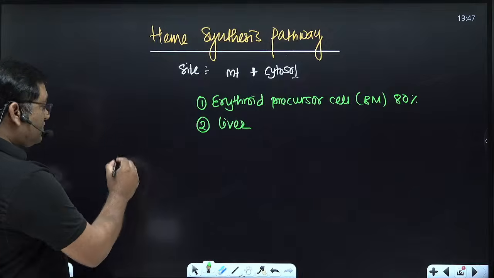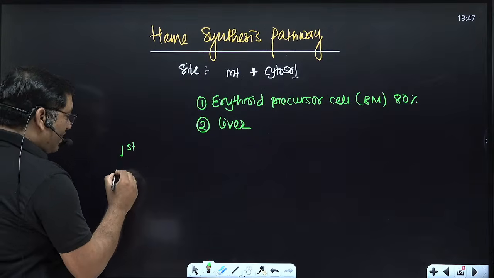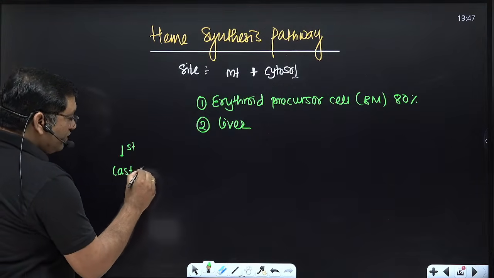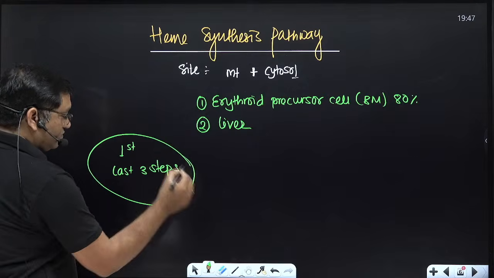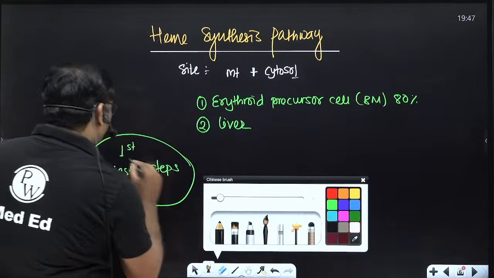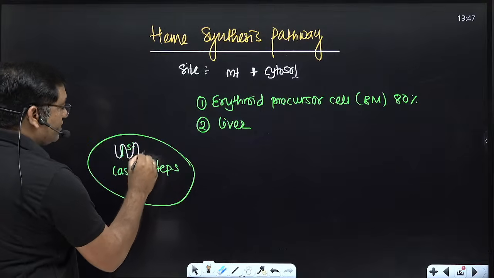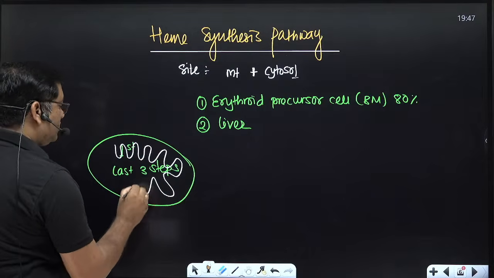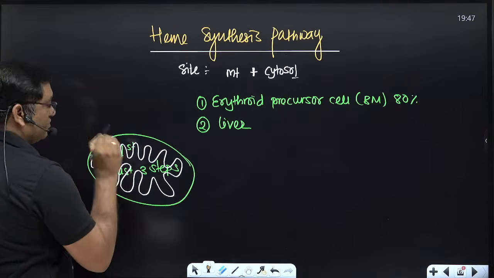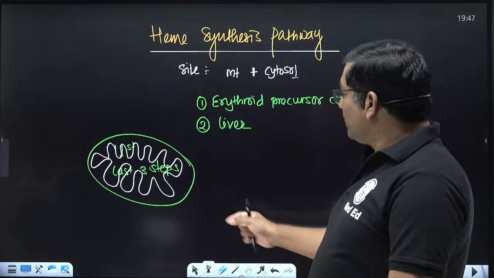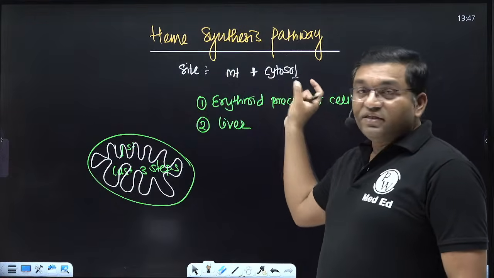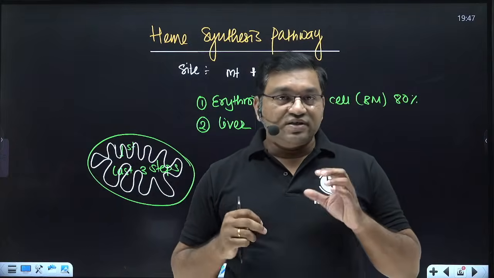So the first step and last three steps occur in the mitochondria, and the steps in between occur in the cytosol.